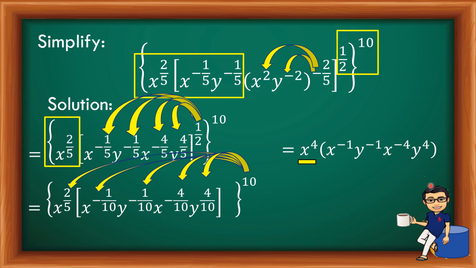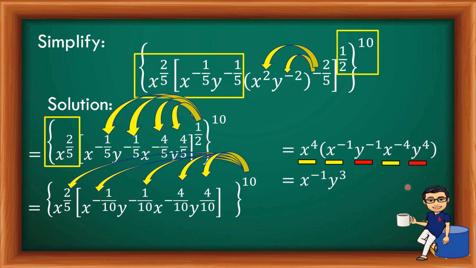This time around, we are about to simplify those with the same base. x to the 4th, same base. Also x raised to negative 1, and this x raised to negative 4. Same with y raised to negative 1 and y raised to 4, same base.